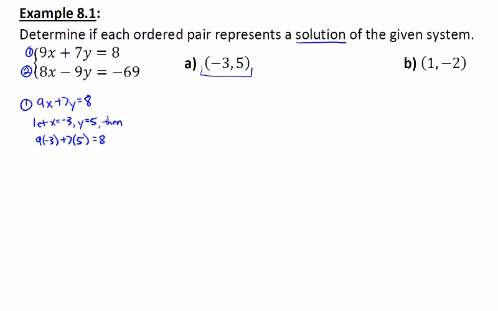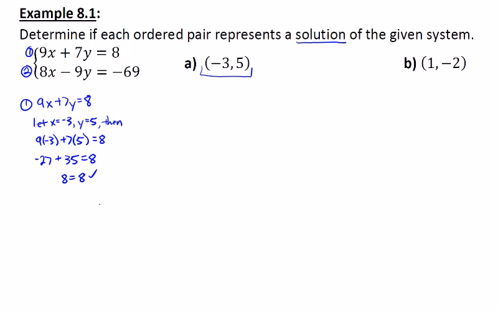And we're going to check if we get a true statement. This will be negative 27 plus 35 is supposed to equal 8, and sure enough, we get the statement 8 equals 8. That's a true statement.